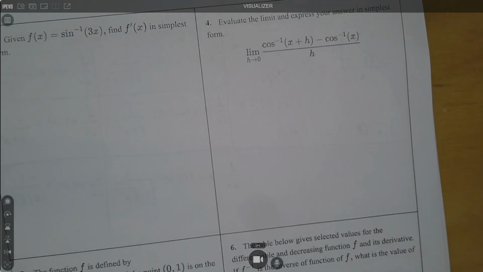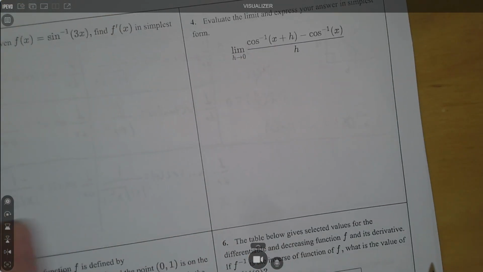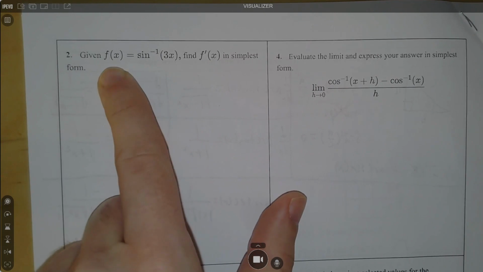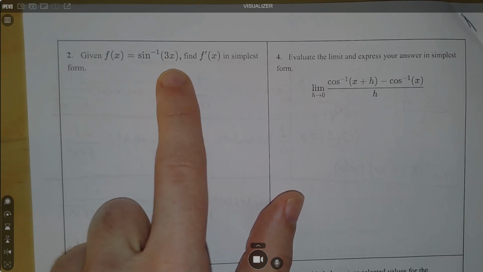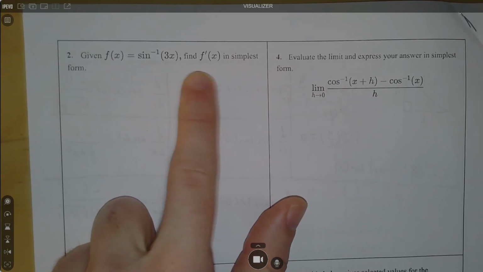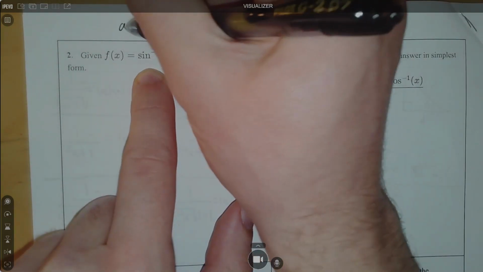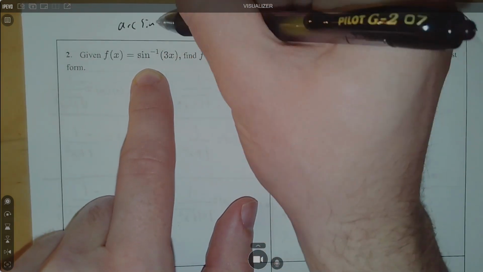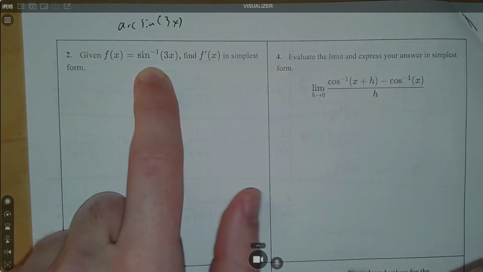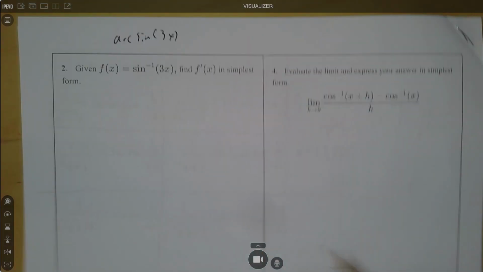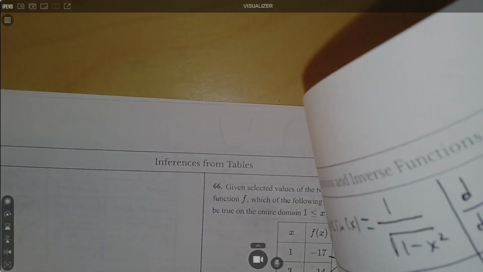So here we go. It can be as simple as this. Arc sine of 3x. What is the derivative? Remember, this is the same as saying arc sine 3x. So the derivative of arc sine, so you can refer back to your notes, is 1 over root 1 minus x squared.